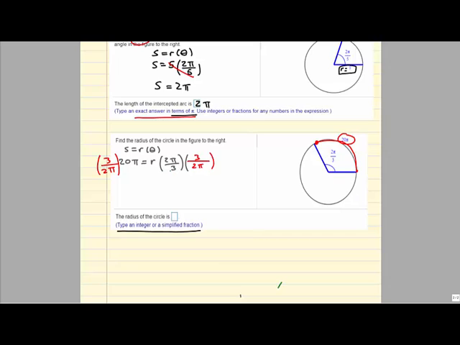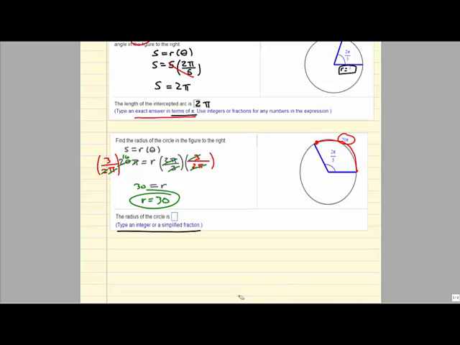Now on the right side, the 3's cancel, the 2 pi's cancel, and I'm left with just r on the right. Now on the left, the pi's cancel. 2 goes into 20 10 times, and 3 times 10 is 30. So here I get the radius is equal to 30. Now it says type an integer or a simplified fraction. I don't have a fraction, it's an integer value, so I can just put the value of 30 in.